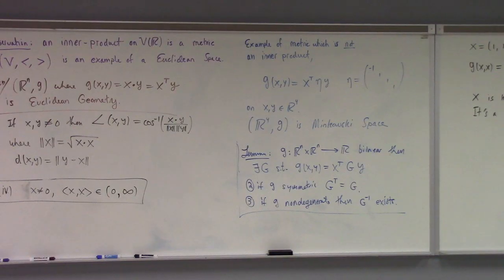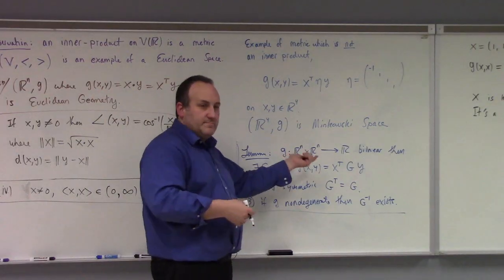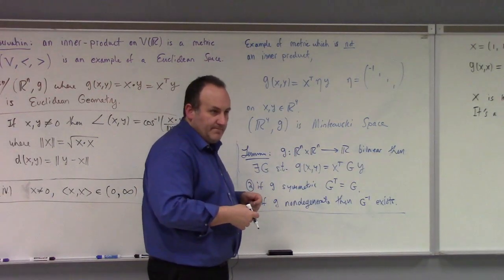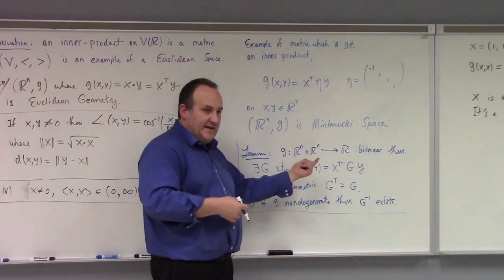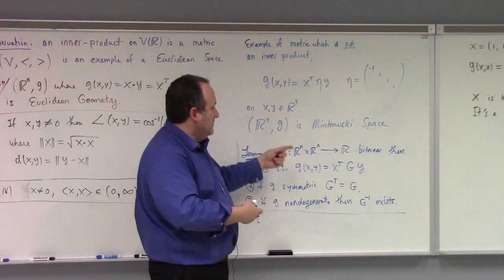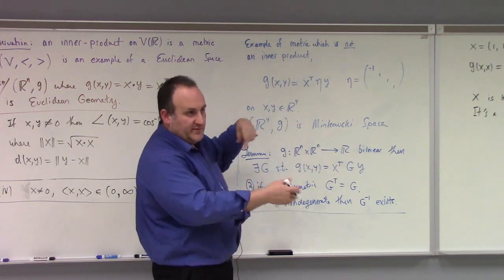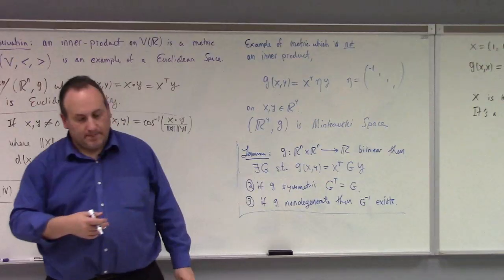Every symmetric non-degenerate n by n matrix defines a particular geometry on Rn, all right? When you take G to be the identity matrix, it's Euclidean geometry. When you take G to be this eta on R4, it's called Minkowski space. And those are different geometries, all right?